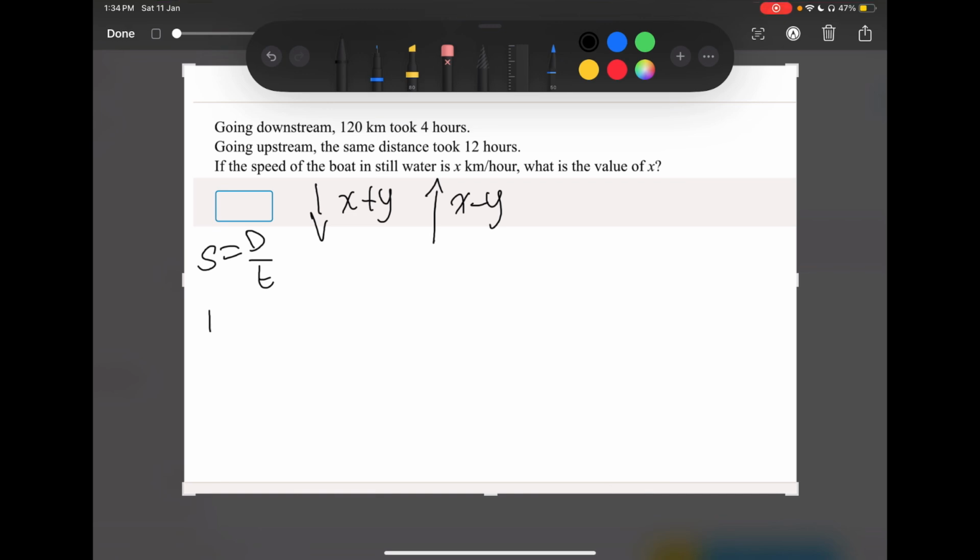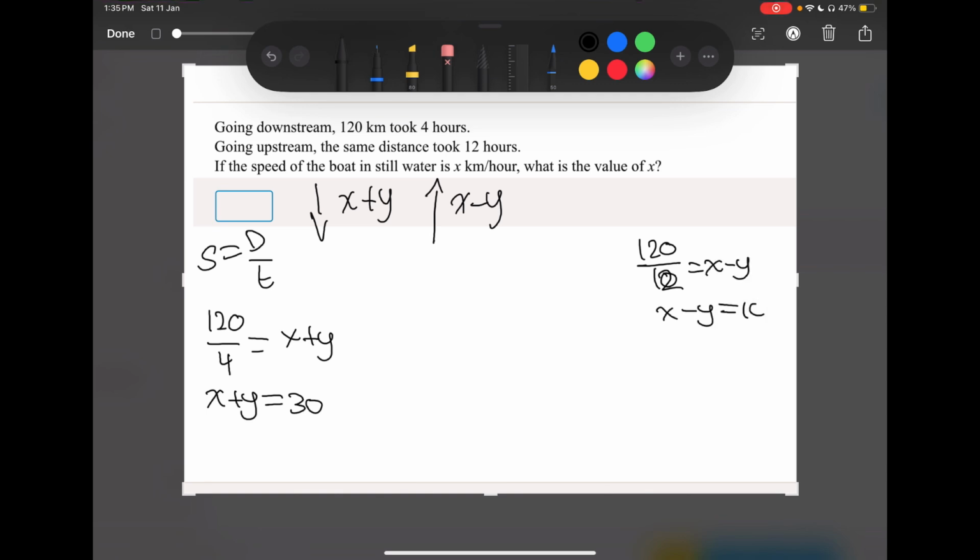So it's gonna be 120 divided by 4 equals x plus y, and 120 divided by 4 is 30. So x plus y equals 30. Now upstream, which is 120 divided by 12, equals x minus y. So x minus y equals 10.